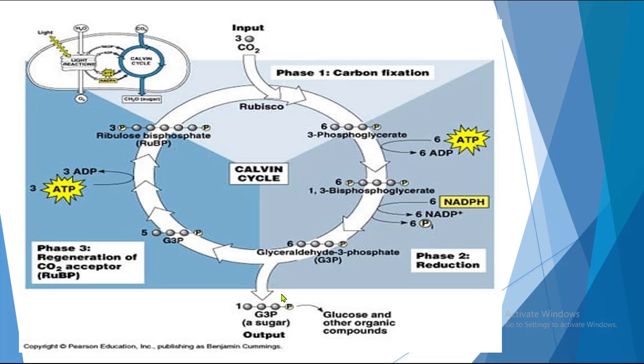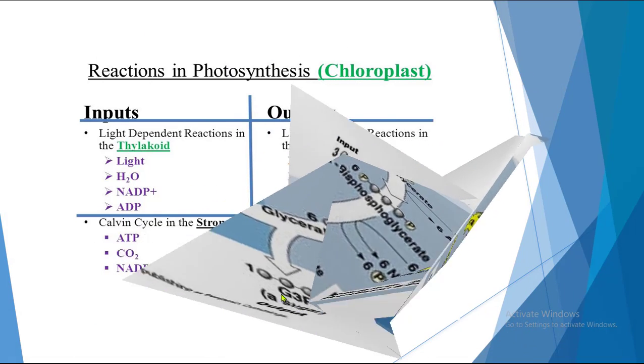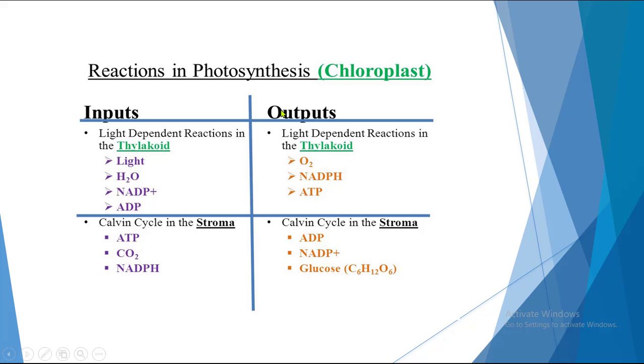So here is the summary of dark reactions. We have done this for the light reactions in the previous lesson. Here we will be discussing the Calvin cycle, the inputs of the Calvin cycle or dark reactions, and the output. What were the inputs? They occur in the stroma, you better know that. The input of dark reactions is ATP and NADPH, energy rich molecules which were synthesized in the light reactions.